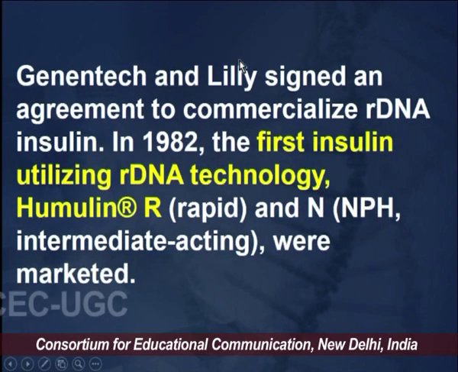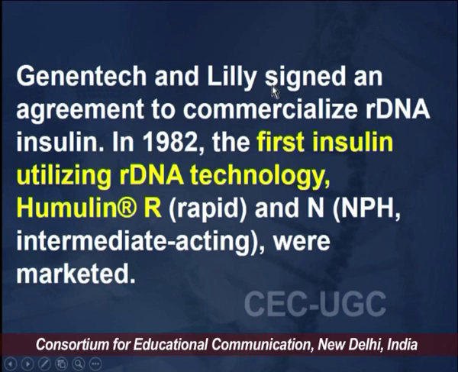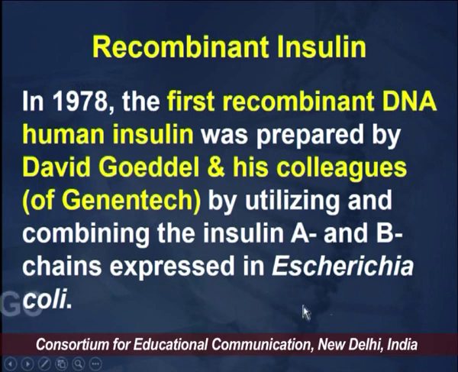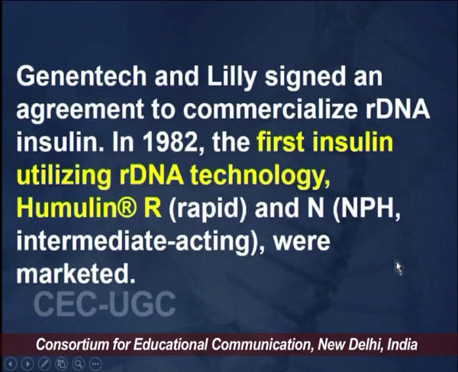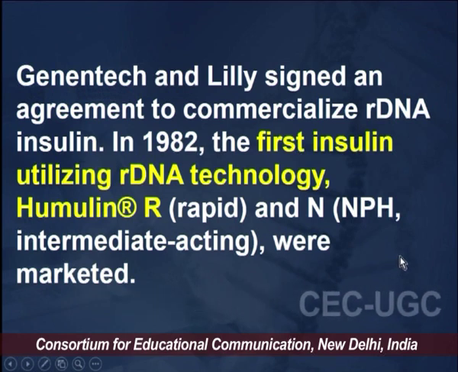Later on, the animal gene work used to be done by the company called Lilly. After they produced the recombinant DNA in E. coli, Genentech and Lilly signed an agreement to commercialize the recombinant DNA insulin, and it was done in 1982.